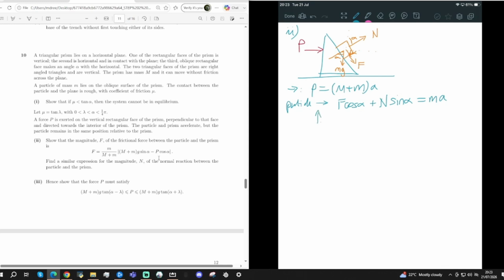And vertically, this is now N cos alpha minus F sine alpha equals mg. I'm going to put it this way so I can better compare it to my other equations that I had before.